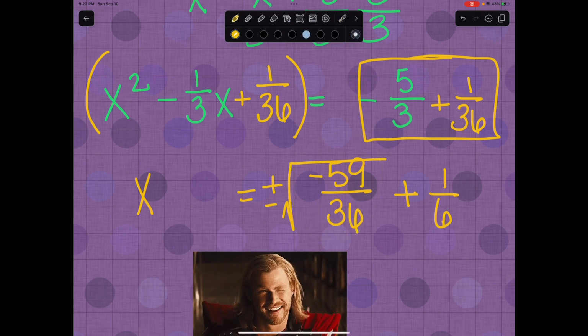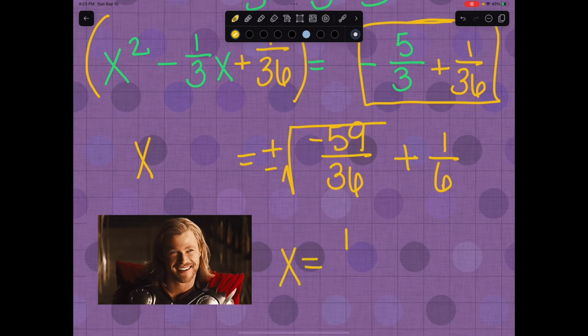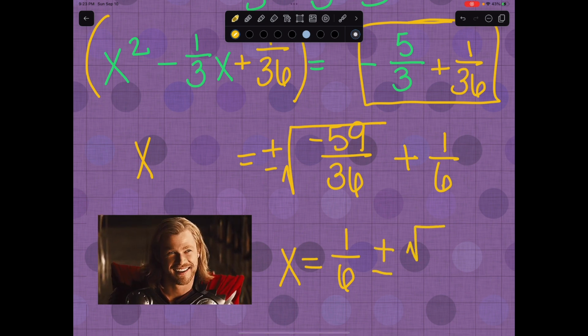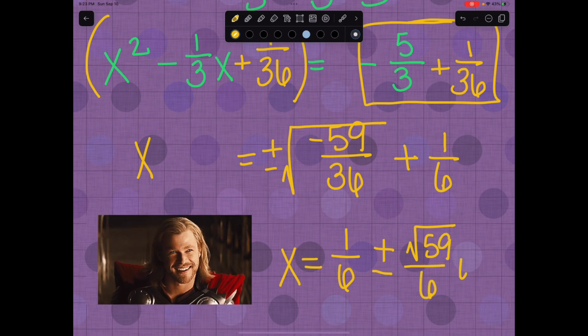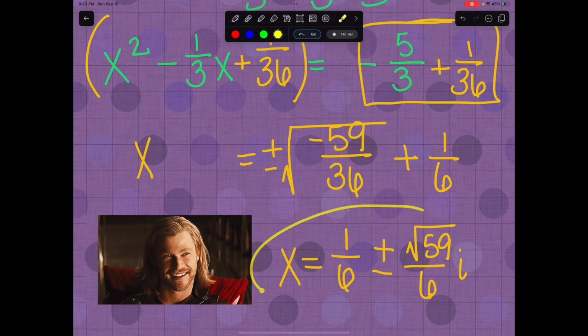And what they put for their final answer is x is equal to 1/6. They just changed the order there, no big deal. Plus or minus the square root of 59/6 times i. Why times i? Because you've got a square root of a negative number. And that is solved.